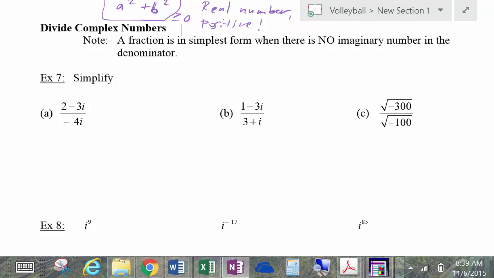Remember, it's unsimplified if we have square root in the denominator. So for that reasoning, we cannot have i in the denominator. So starting off with part A, any ideas how I could get rid of the i in the bottom? Multiply by what? What's the conjugate of negative 4i? It is 4i. You could put the negative on the top, but I want to get rid of the i.